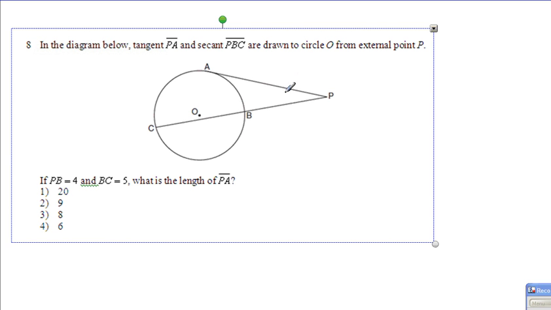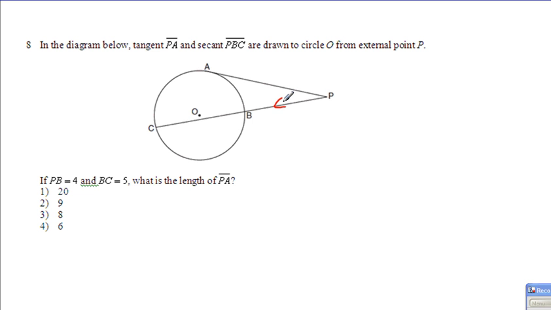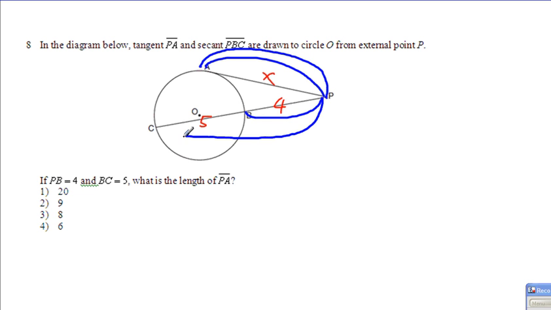All right, now, here we have PB is 4, and BC is equal to 5. And find PA. So, in fact, we put it as X. Here we realize when you multiply the tangent by itself, that's equal to outer line segment multiplied by the whole thing.